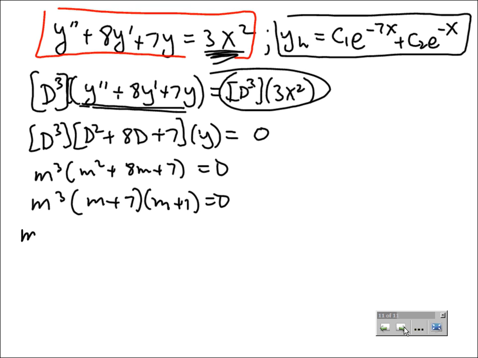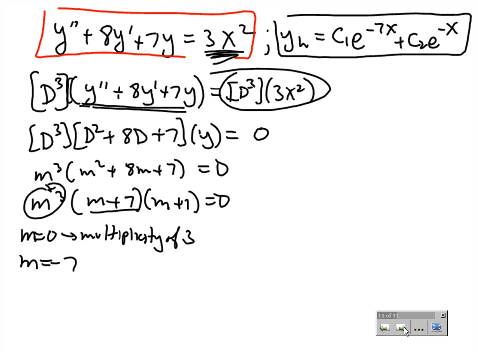And so either m cubed is 0, which is when m is 0, with multiplicity of 3. The power is 3. Here, m is -7, multiplicity of 1, because the understood power is 1. We don't worry when it's 1. And here, we have -1.